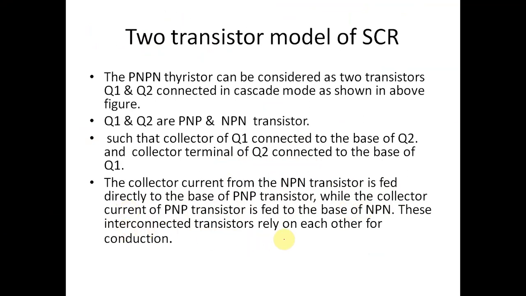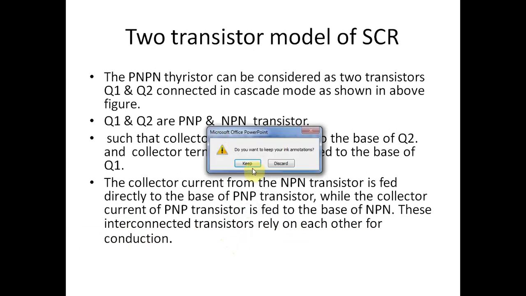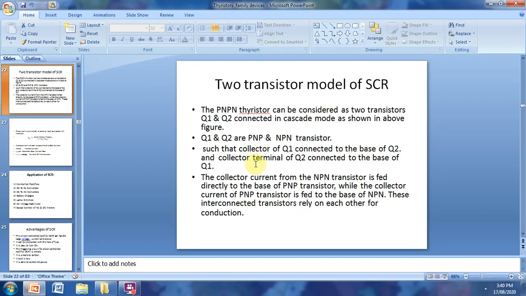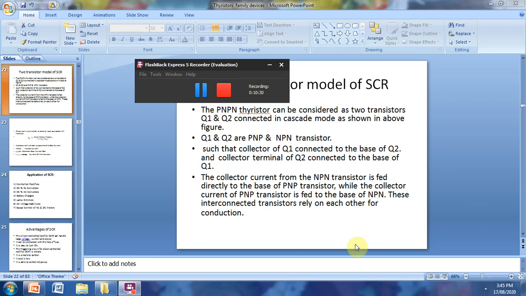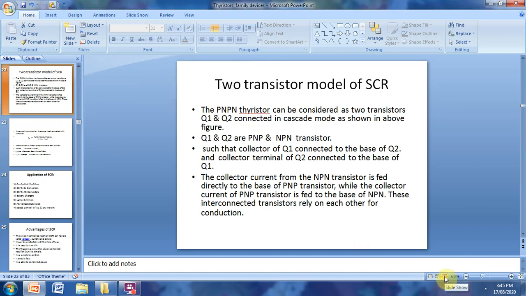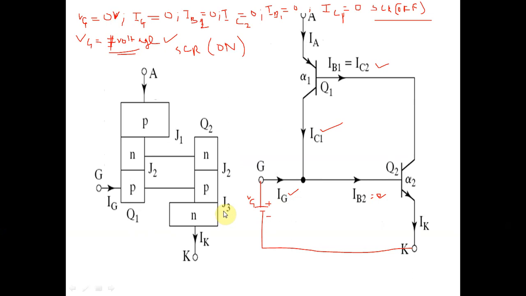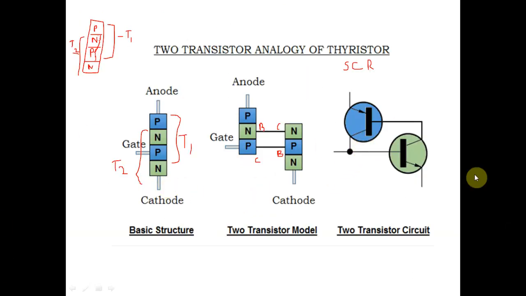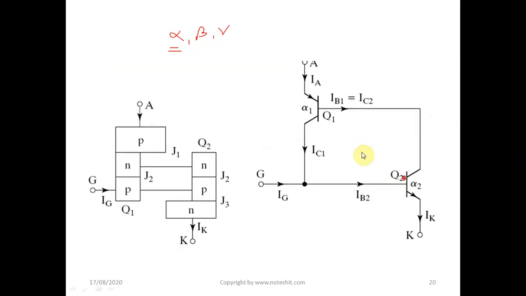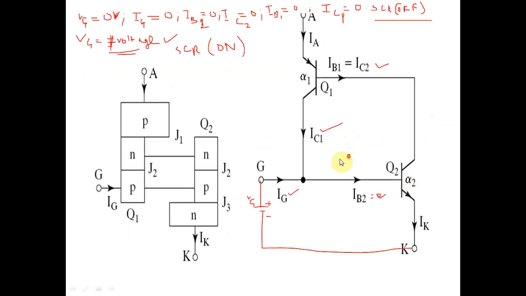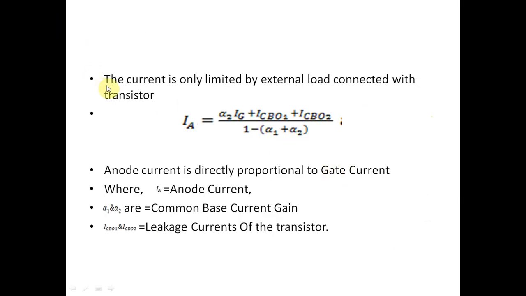These interconnected transistors rely on each other for conduction. Now the current is only limited by the external load connected to the transistor.